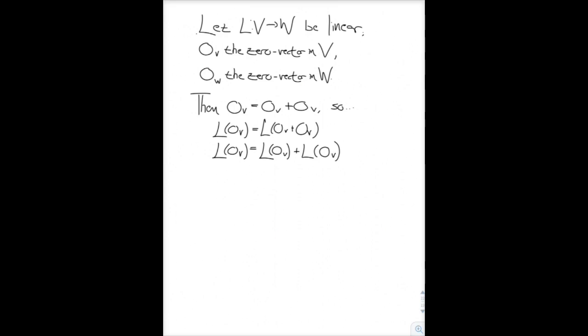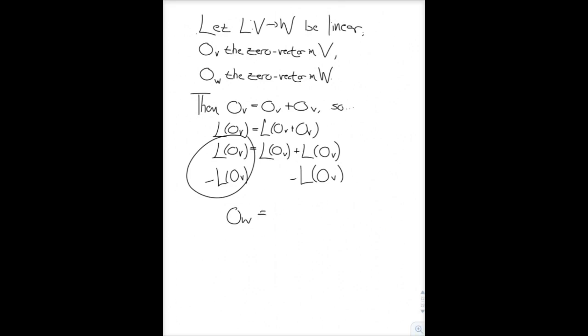Now I will subtract an L of 0 from each side of this equation. When I do that, I get 0 on the left-hand side. Of course, this is the 0 not in V but in the vector space W, so I get 0 sub W on the left-hand side.